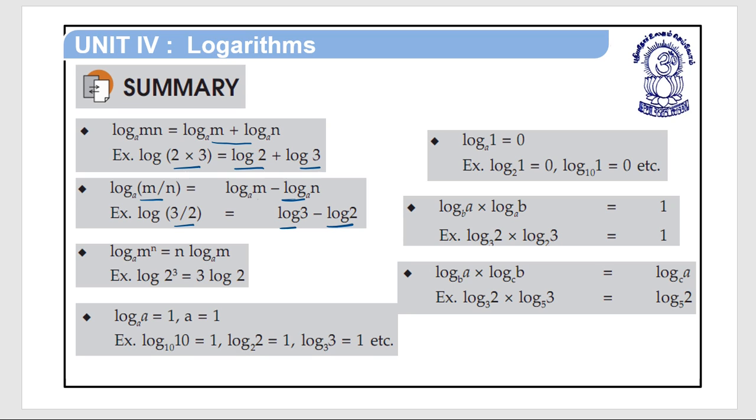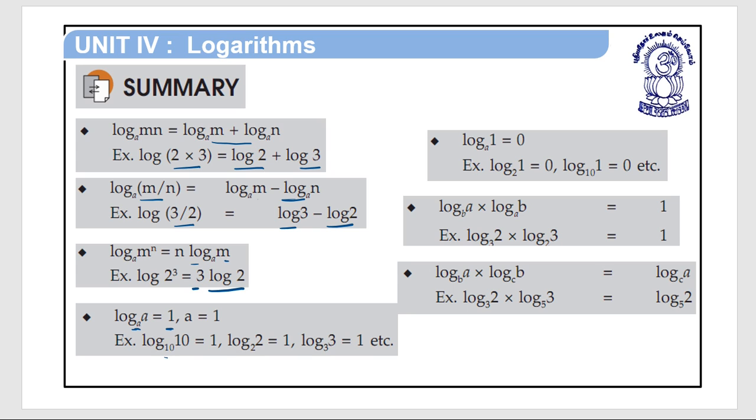Log m raised to n is n into log m. Log 2 cube is equal to 3 into log 2. Here log a to the base a is equal to 1, where a is not equal to 1.